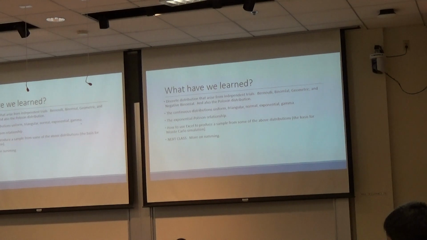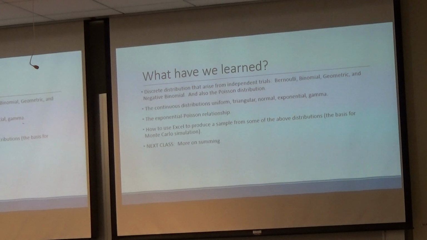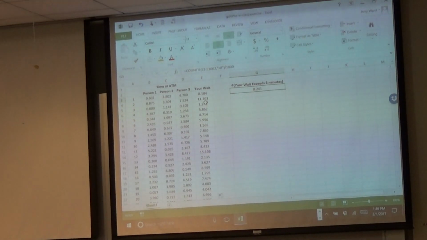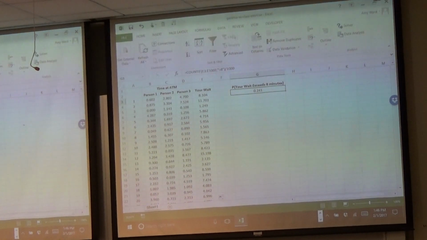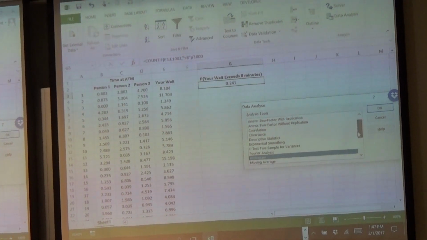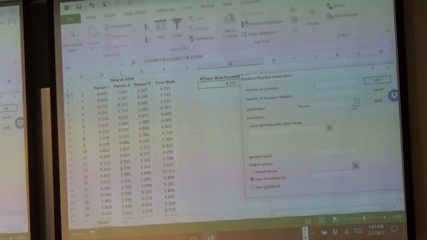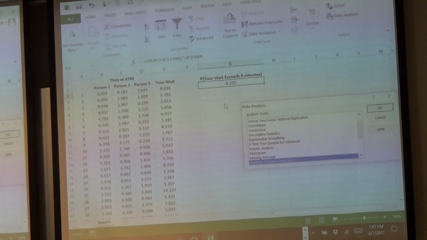Could you use the distributions in Excel? Oh, that's a good question. Can I use the distributions built into Excel? So we could go to Data Analysis. There should be a random number generation. Gamma is not actually built into my Excel. If I type in equals gamma, that's not giving me a sample from a gamma distribution.